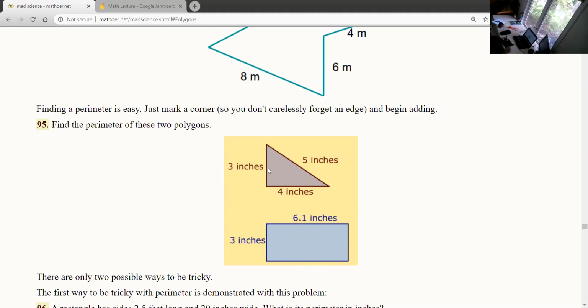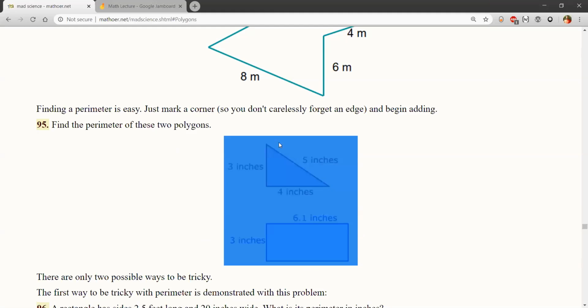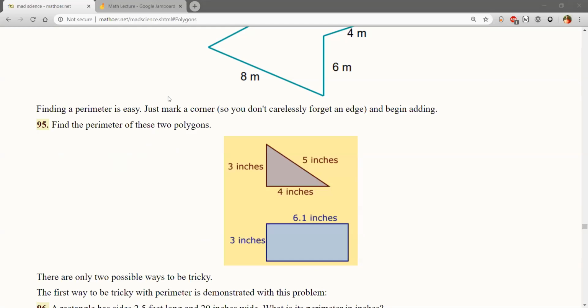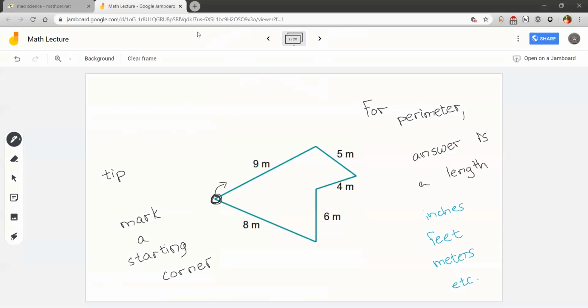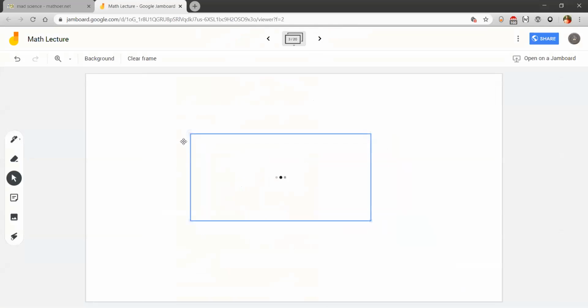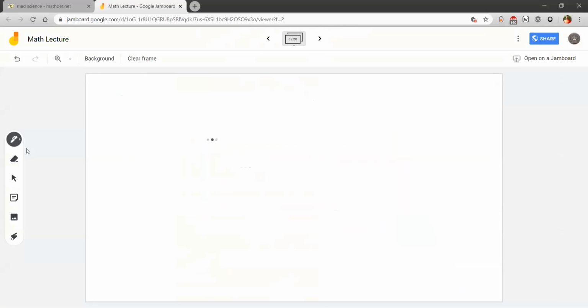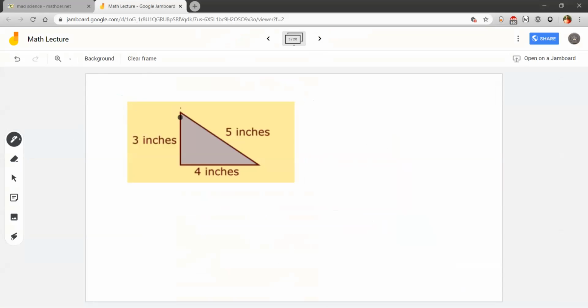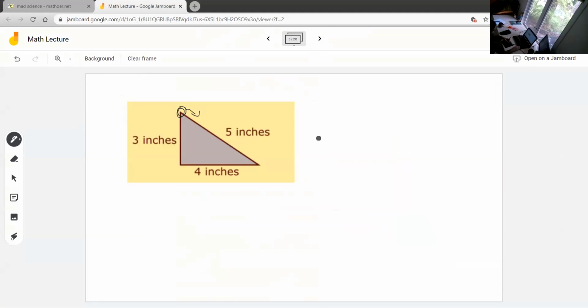You want me to write that down on the slides? Sure. So I'll take a corner and say I'm going this way. 5 plus 4 plus 3 is 12 inches.